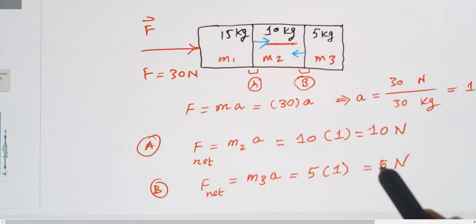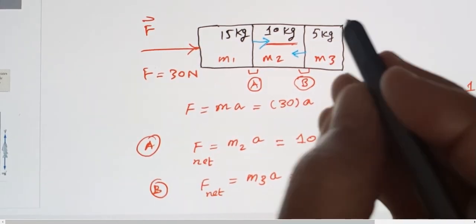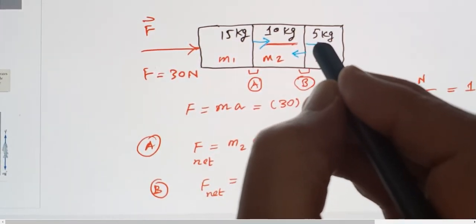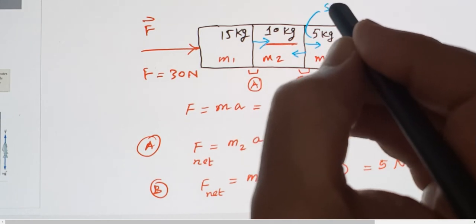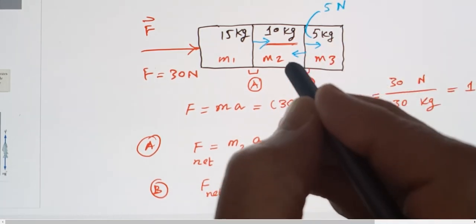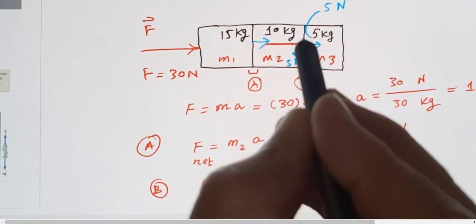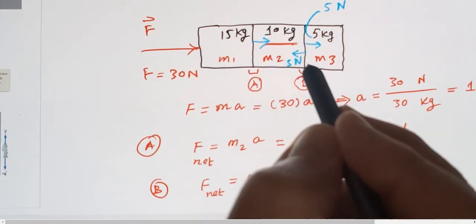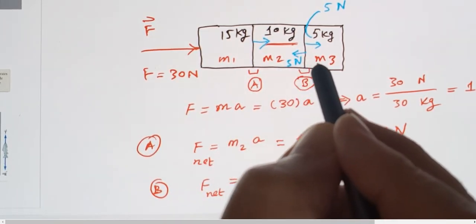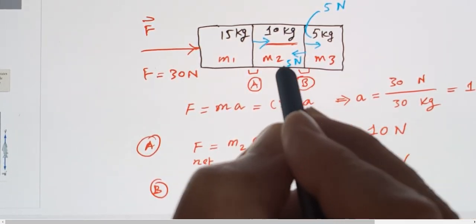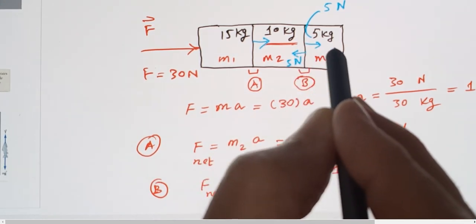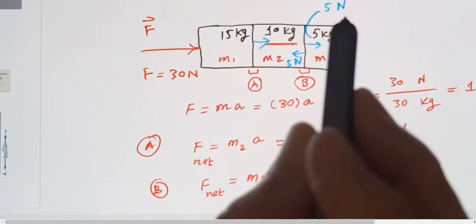So we know now that M3 must receive 5 Newton. So it will give 5 Newton. So we know now in M2 that from the 5 kilogram it will receive 5 Newton, and it will give 5 Newton to the M3.